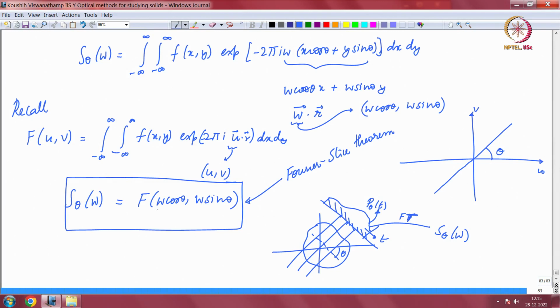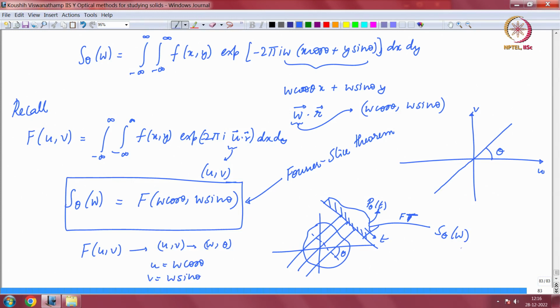Because remember, this is like F of u comma v, and if you convert this to polar coordinates, u comma v to w comma theta, then u is equal to w cos theta, v is equal to w sin theta.